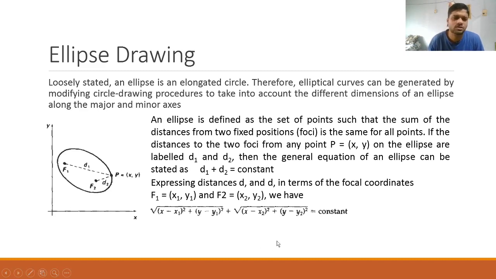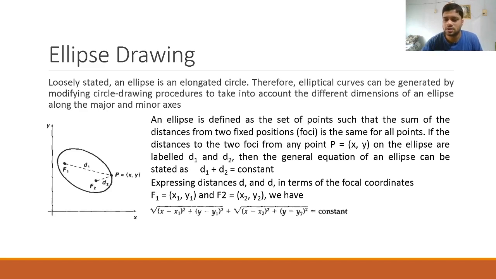So what we have done is just applied the distance formula. To find d1, we used the coordinates of foci point 1 and point P. Again, to find d2, we used the coordinates of foci point 2 and P. Then we add them and make them constant, which is nothing but the ellipse property.